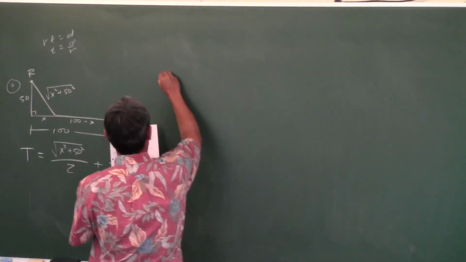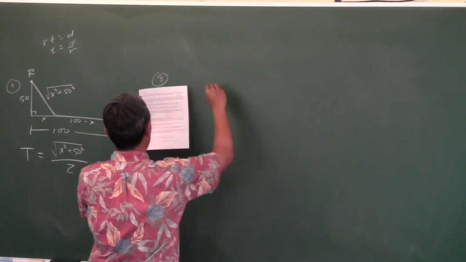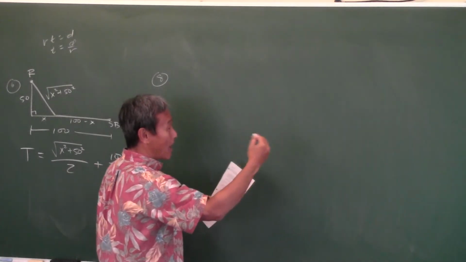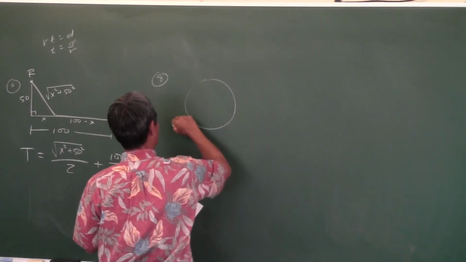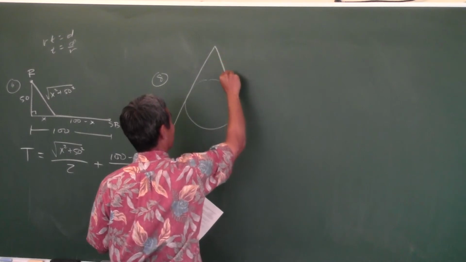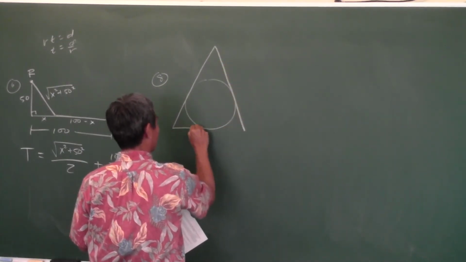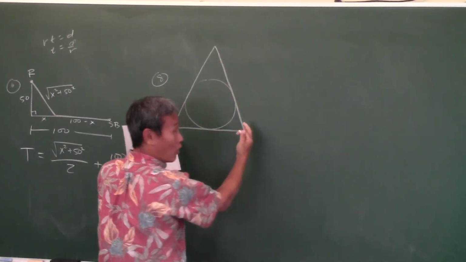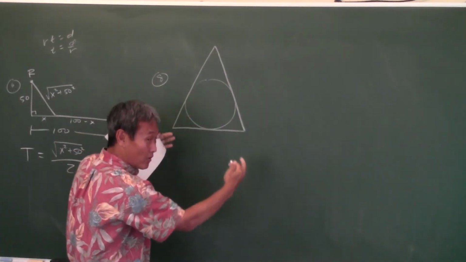Okay, number 8. A cone circumscribes a sphere. I'm not going to draw a 3-dimensional picture because it's too hard for me. So this is a cone. It circumscribes the sphere.